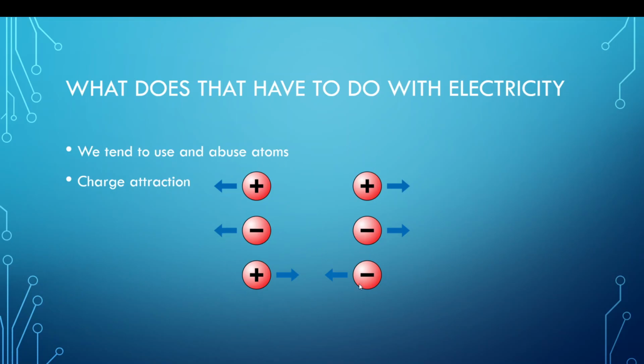And this phenomenon is called static electricity. When we go into what I call dynamic electricity, or electricity flowing in materials, in wires, and through different components and circuits, I'm going to show you how it works.